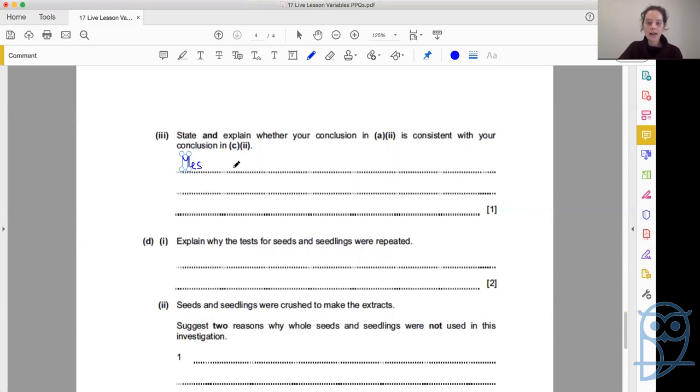Okay, why? We have more bubbles and more foam for greater activity.